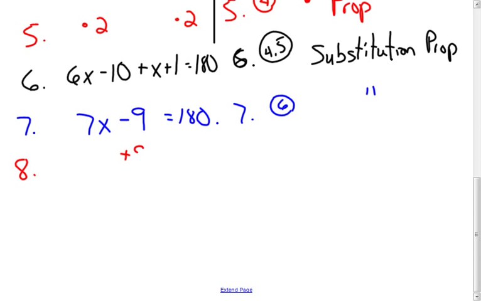I'm going to add 9 to both sides. Let's work on solving my equation. So I use the addition property. And I needed line 7 to be able to do that.